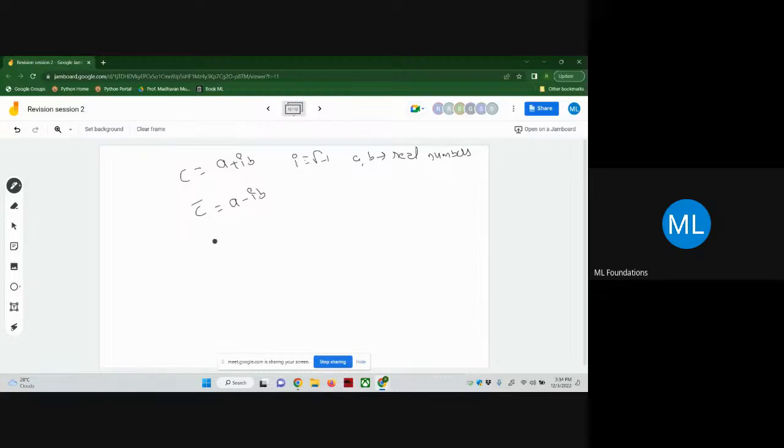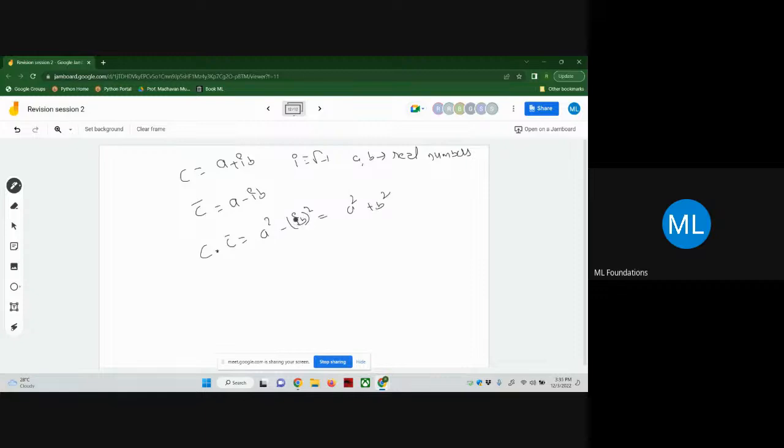Then C times C conjugate: if you multiply a plus ib by a minus ib, this is of the form (a plus b)(a minus b), which is a square minus b square. So it gives a square minus (ib) square, and since i square is -1, it becomes plus, giving a square plus b square.